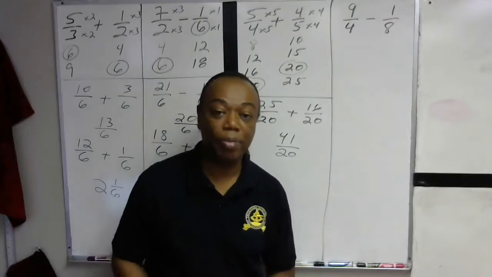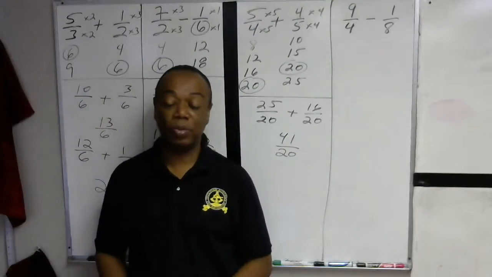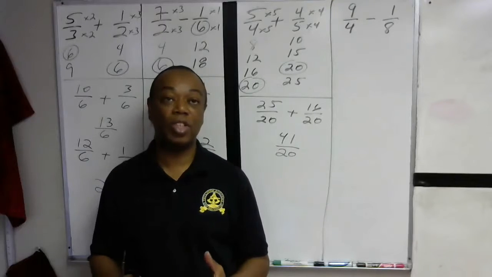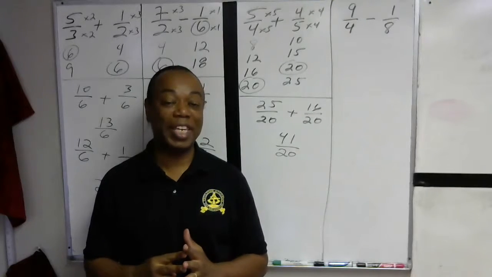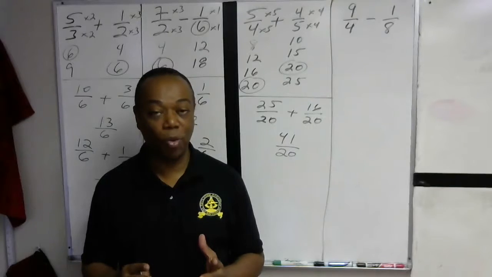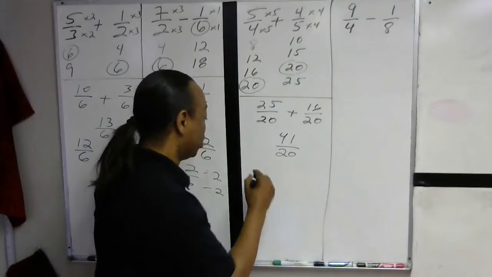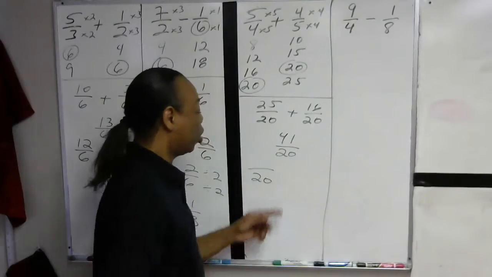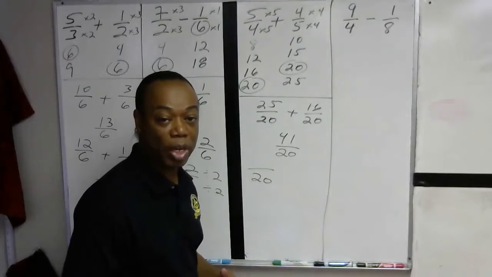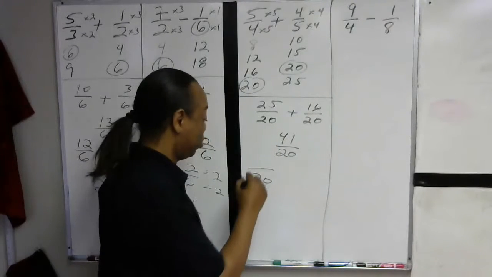41 over 20. Now, in the 20 times table, we want to ask ourselves, what's the closest I can get to 41? The closest I can get to 41 in the 20 times table will be actually 40.